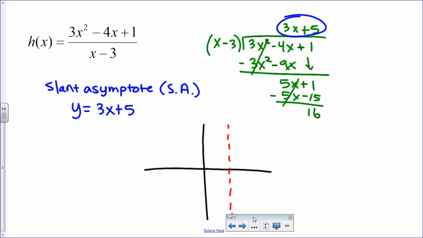And then I have a slant asymptote with this equation. So the y-intercept is 5, and I go up 3, right 1, and okay, so those are just the asymptotes. Those aren't the actual part of the graph, but that's what our asymptotes will be looking like.